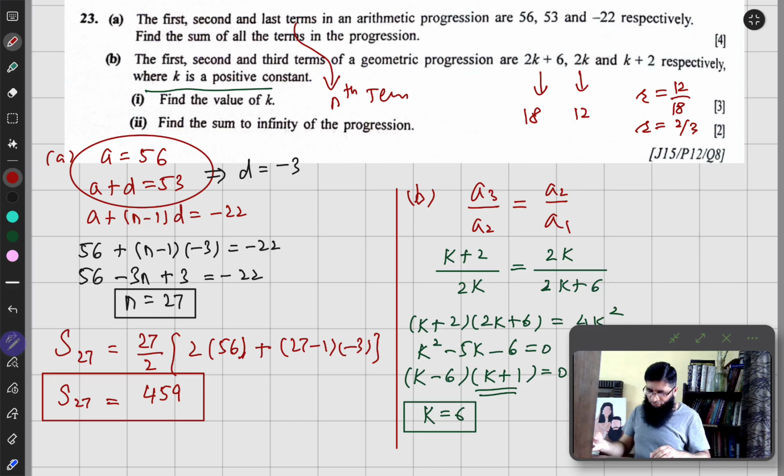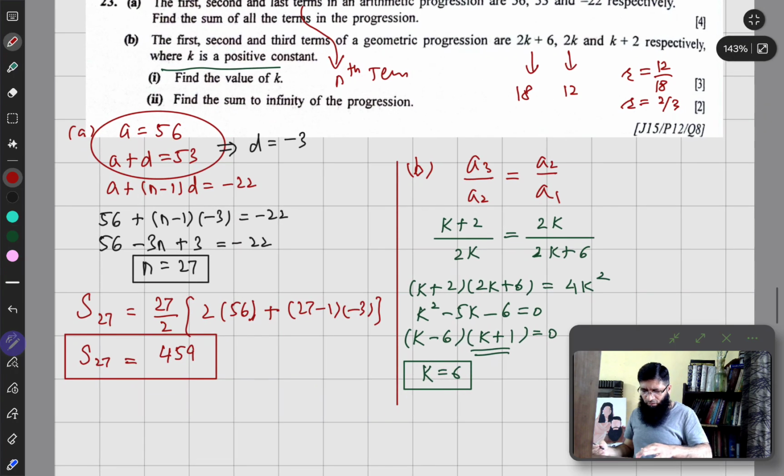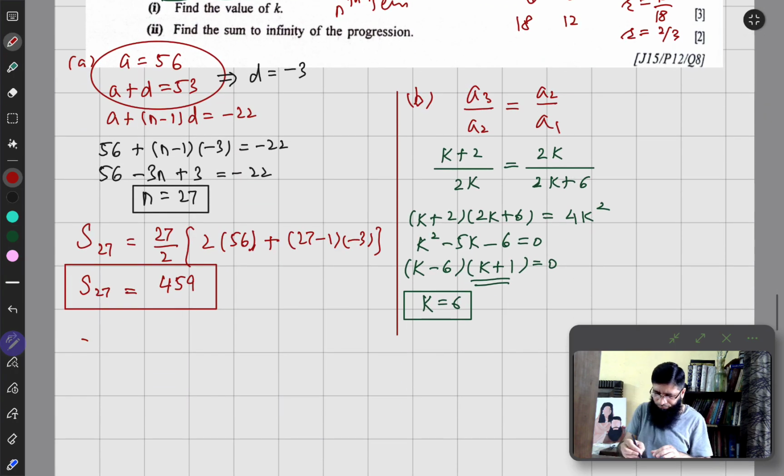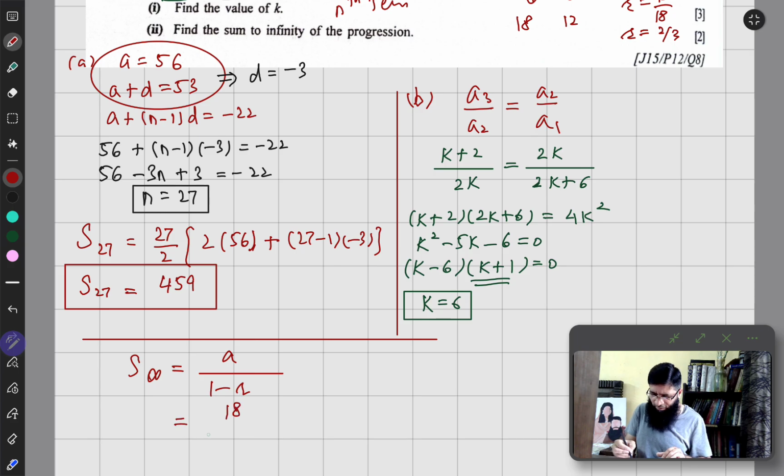So you know the expression for the sum up till infinity: a divided by 1 minus r. I've just told you that the first term is 18 and r is 2 by 3. So the denominator will become 1 by 3. So the sum up to infinity will be 54. All right.